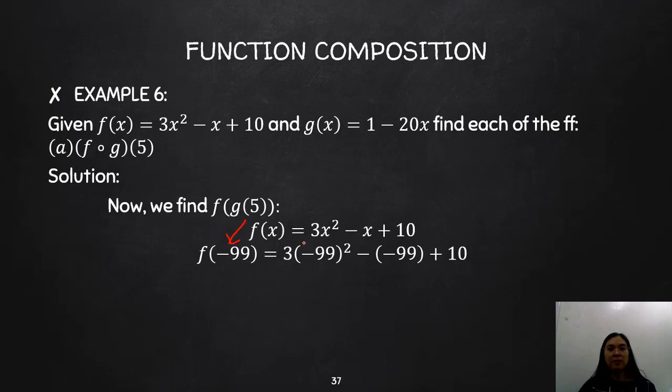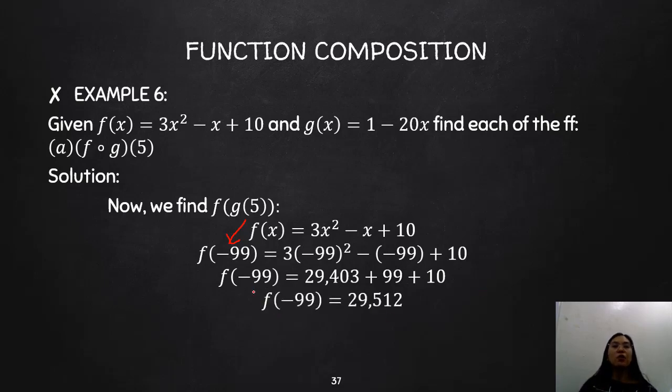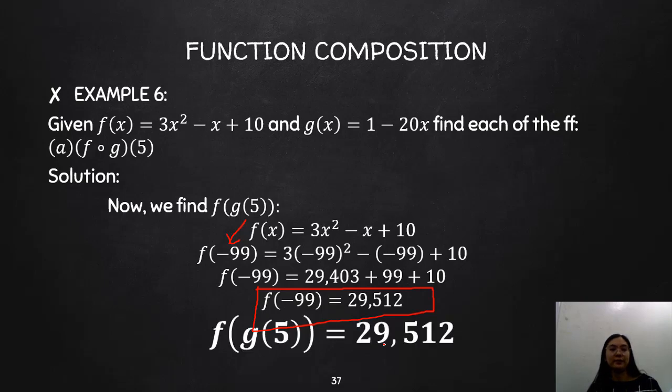So that will be 3 multiplied by negative 99 squared minus negative 99 plus 10, or you will get 29,403 plus 99 plus 10, or your f of g of 5 value is equivalent to 29,512. So, ganun yung function composition. Kumbaga, may kukunin ka munang function, and then yung value na nakuha mo sa function na yon, i-input mo siya dun sa isa pang function.